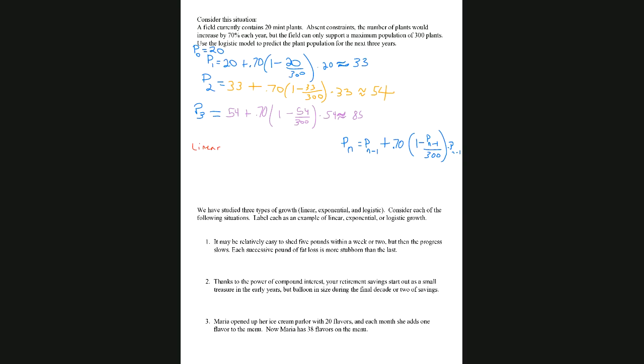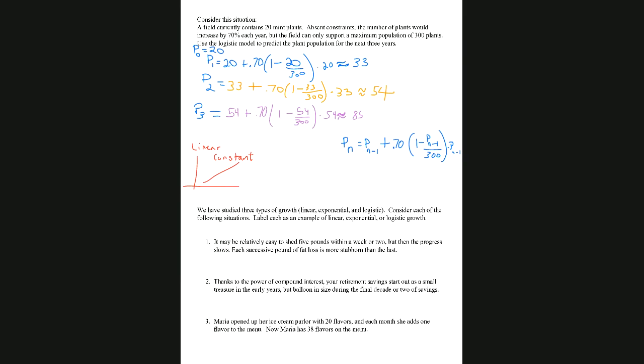And for linear growth, if I were to draw a picture of what that kind of growth would look like, it would basically be a straight line, because linear growth is constant. So the amount of growth each year is going to be constant. It's not going to change.